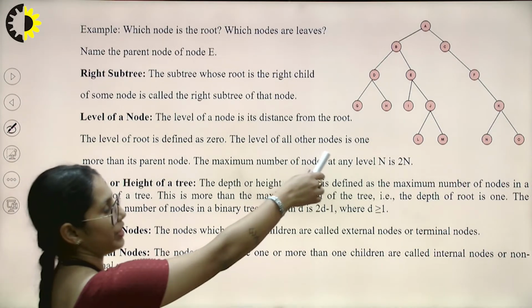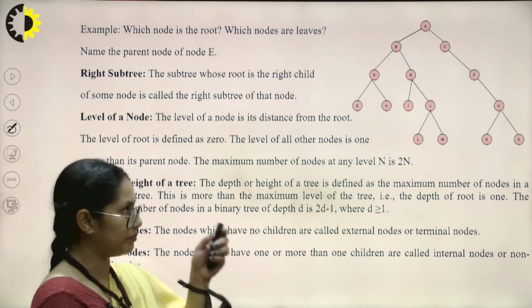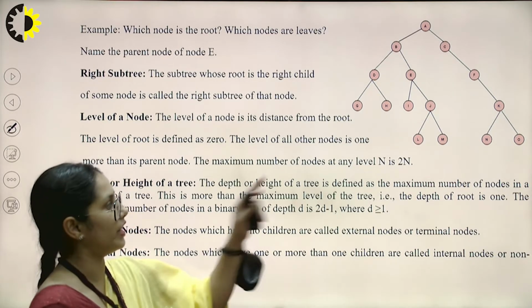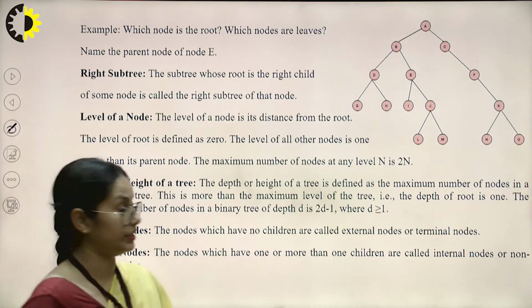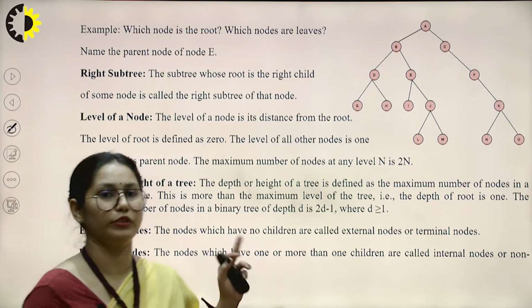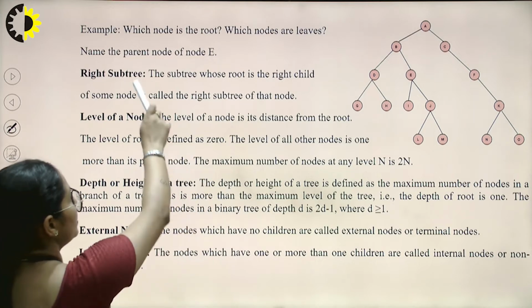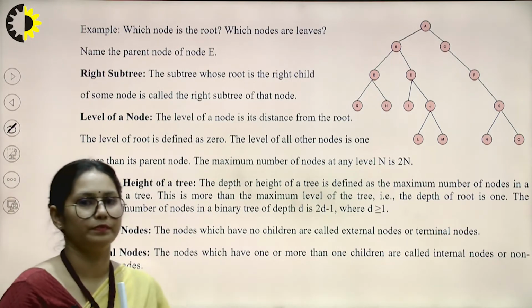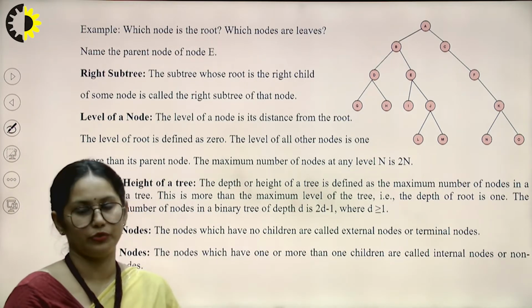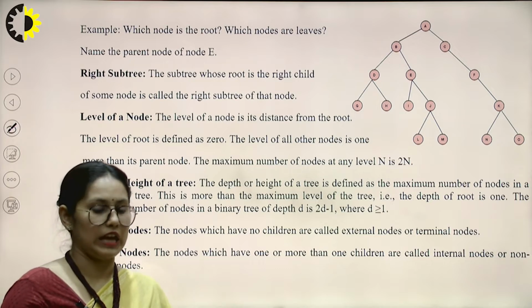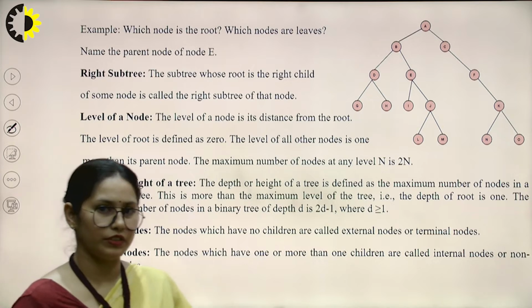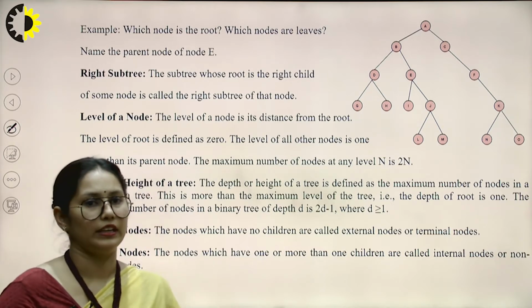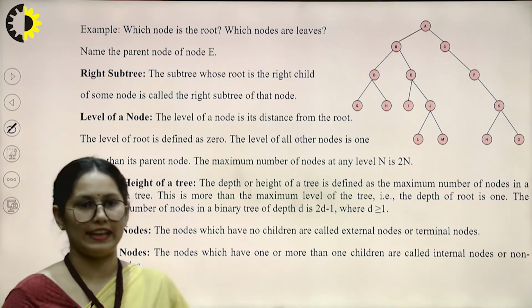So, if we have an example here, a graph having a root node A and the other descendant nodes, then we have to find out: which node is the root? Obviously, the highest node, the level 0 node, the first node of the tree, is known as the root node, and here the root node would be A. Okay.